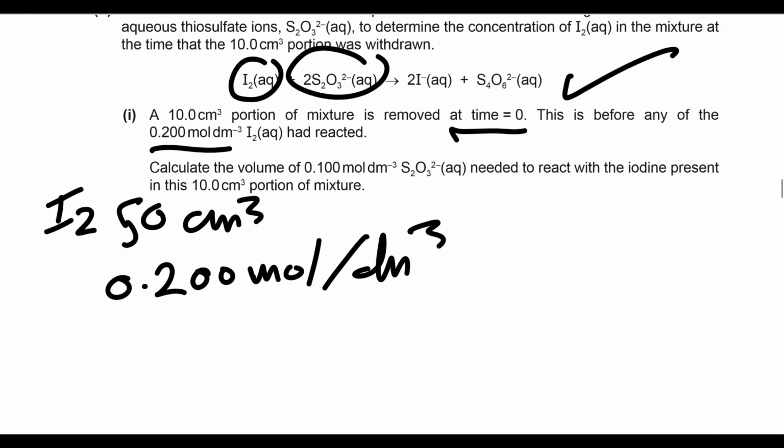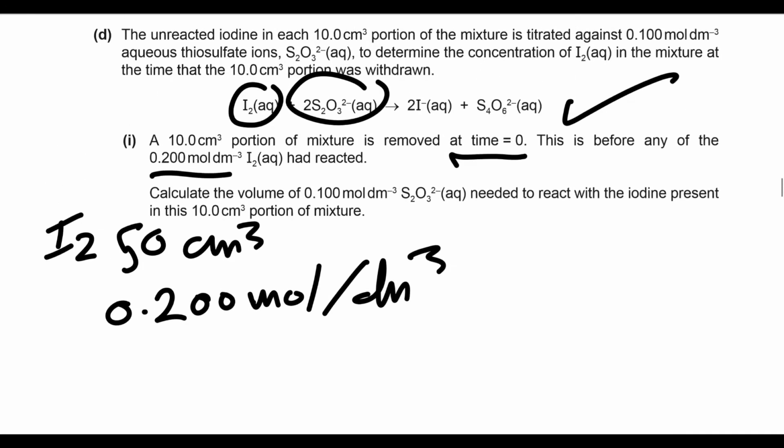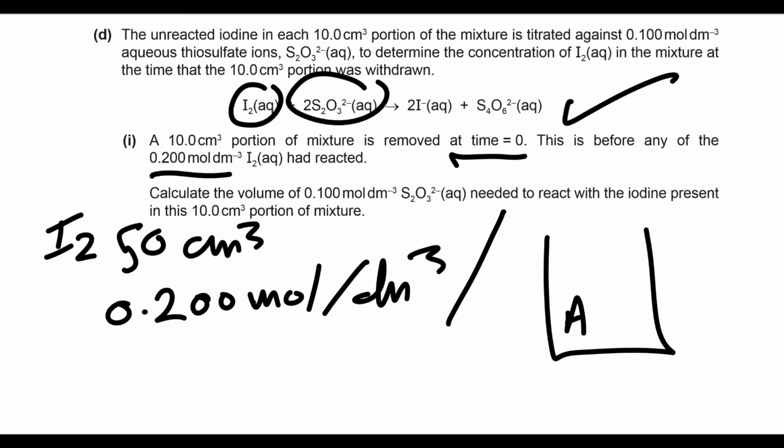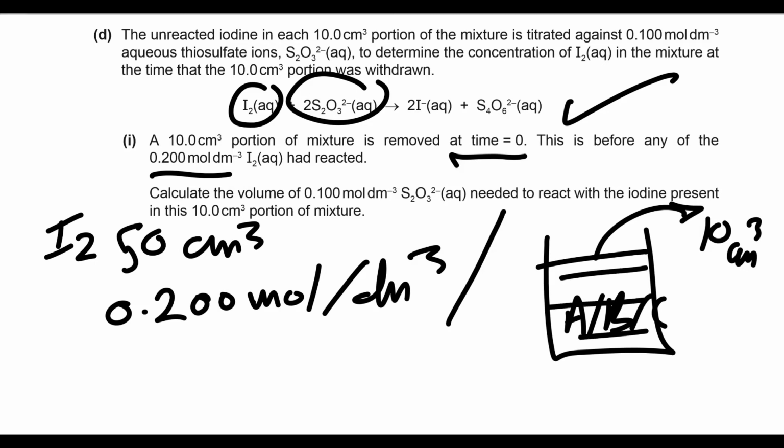Then you took from the mixture, which contains A, B and C, only 10 cubic centimeters. Here the volume is totally different now.